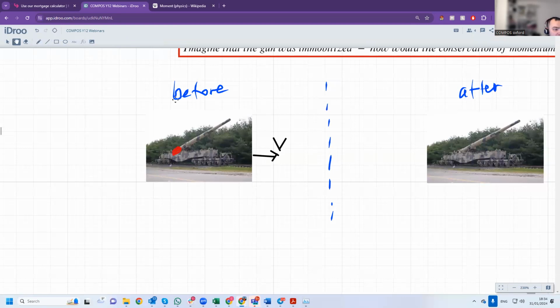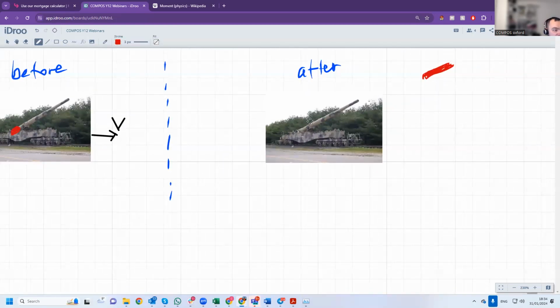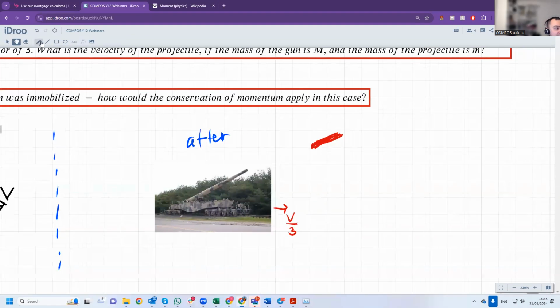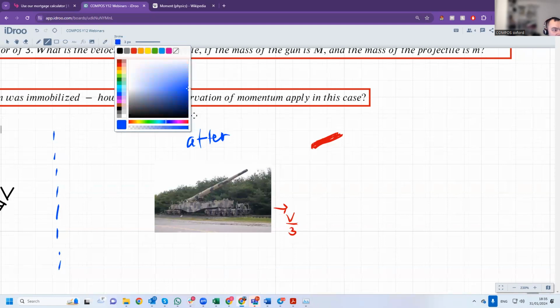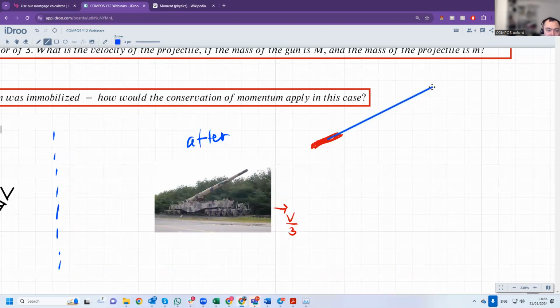And here, the gun is moving with velocity v divided by 3, because the velocity becomes 3 times less. And the projectile is traveling at an angle with velocity v.